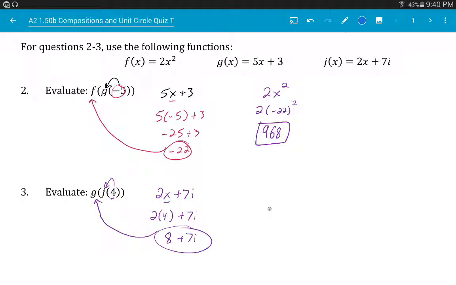The g function is 5x plus 3. That means 8 plus 7i plus 3 goes in for x, and distribute the 5, and that becomes, not 80, 40 plus 35i plus 3, and my final answer, combining like terms, is 43 plus 35i.